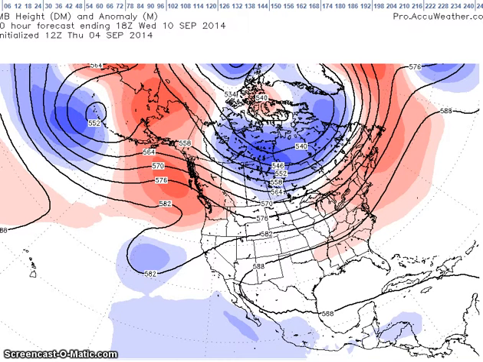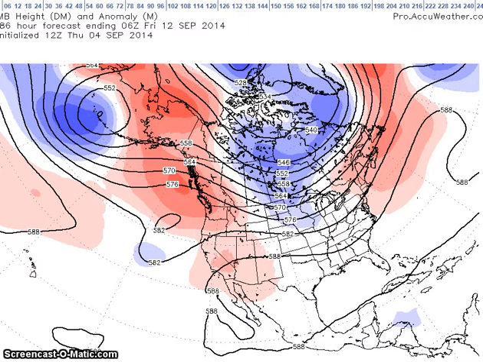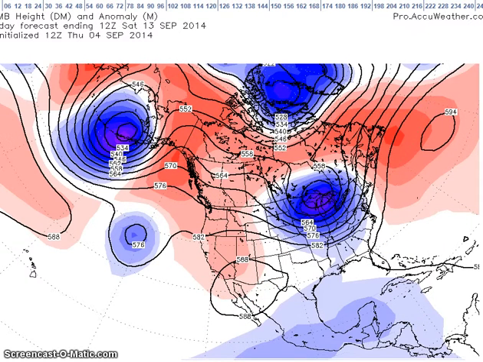Now we're going to go forward in time. This is the 12th. You start seeing the trough starts digging southward. Here's our subtropical ridge being pushed further to the south, and then we go to the 13th.